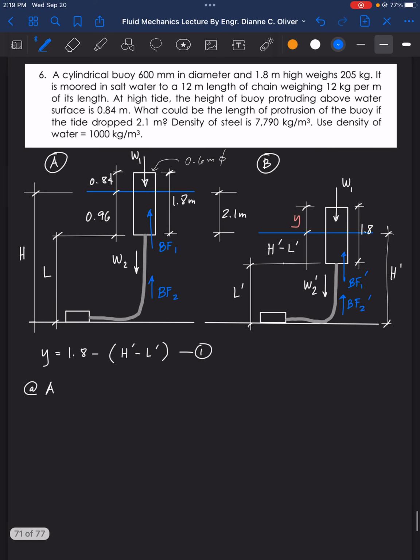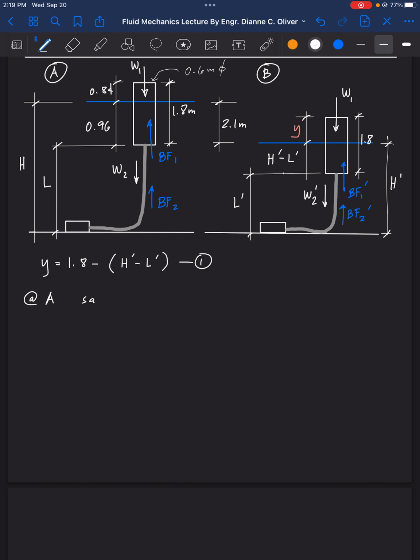So in A, same liquid, we are using salt water. The specific gravity for salt water is 1.03. So at A, we have W1 plus W2 equals buoyant force 1 plus buoyant force 2.